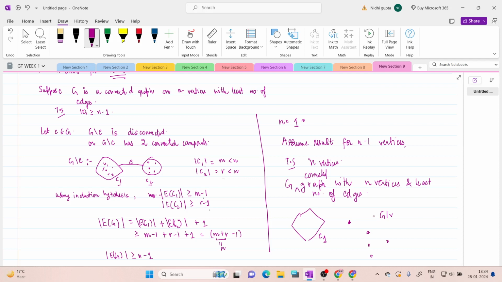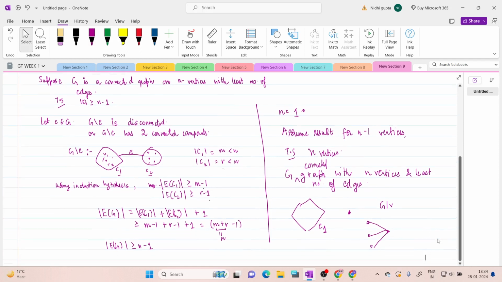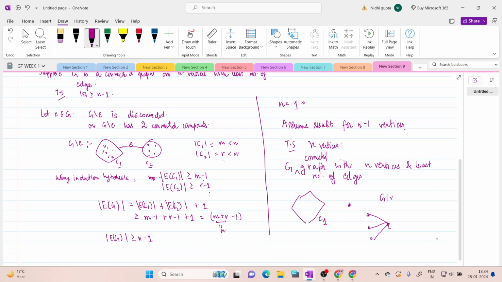This can be a scenario, right? See, this is a connected graph. This is a connected graph. But if I'm considering this vertex, then this C1 will be just this.